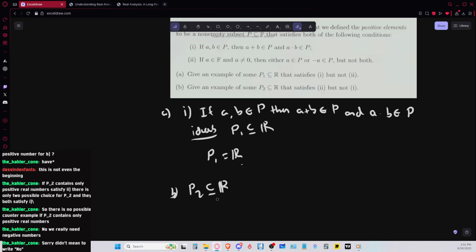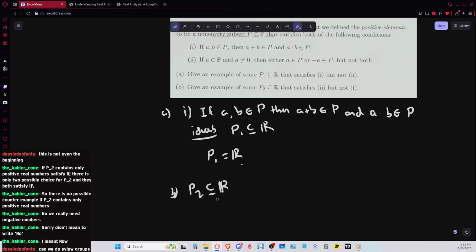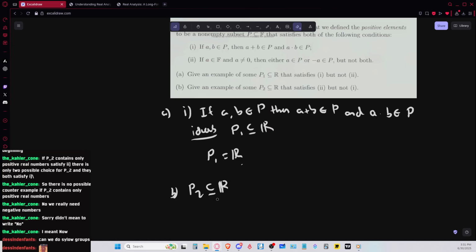Okay. Can we do acyl groups? Unfortunately, I don't know what that is. Now we really need the negative numbers.